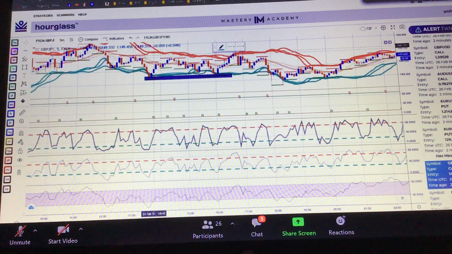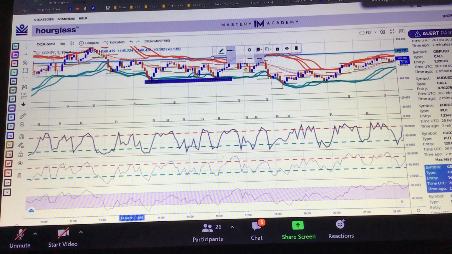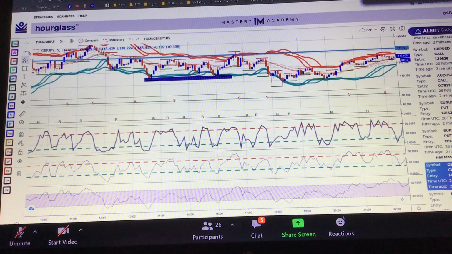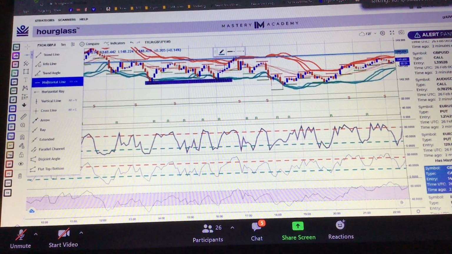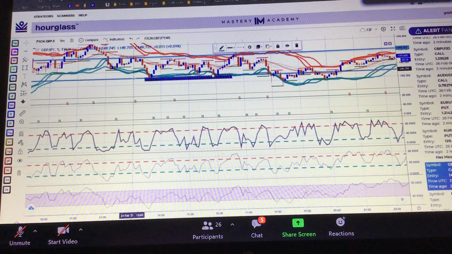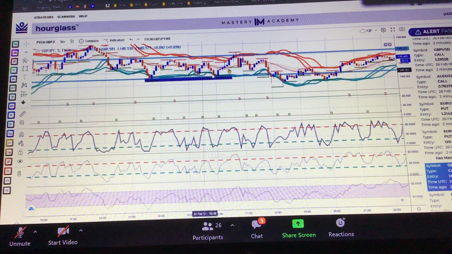All right, and we'll just mark it up. Let me see how much time I got left. I love this little time limit. All right, so you can see these two lines. Market is going up and down, up and down, up and down.